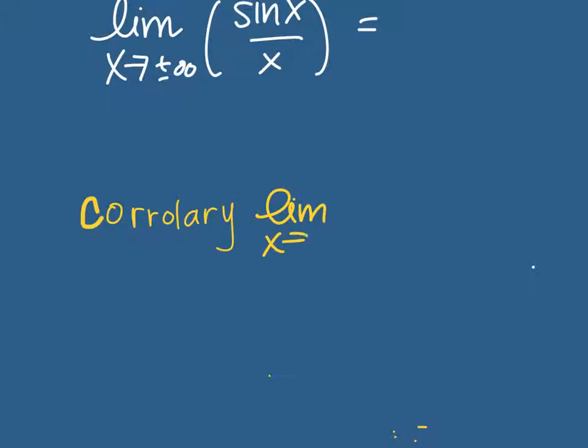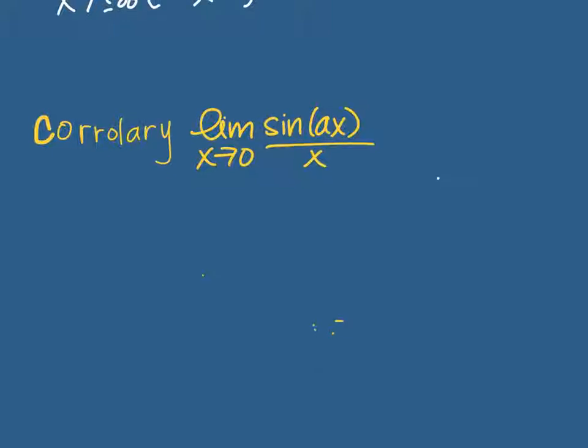The limit as x approaches 0 of sine of ax. So what if you have a coefficient in front now? Is the limit value still 1? And the corollary is no. The limit value is now a. If you insert a coefficient into x, then it's going to affect the limit. Let's experiment with changing the a on our calculators, and we've seen that it does in fact change the peak.